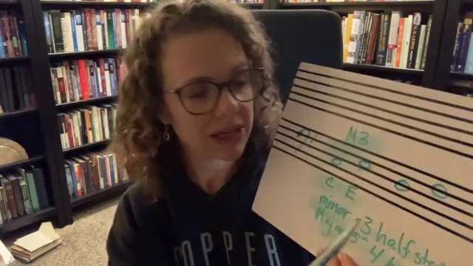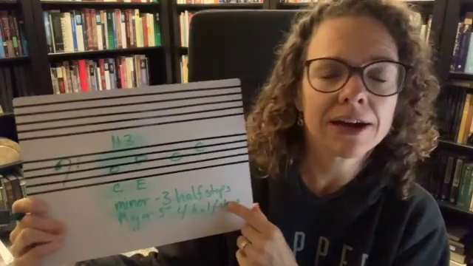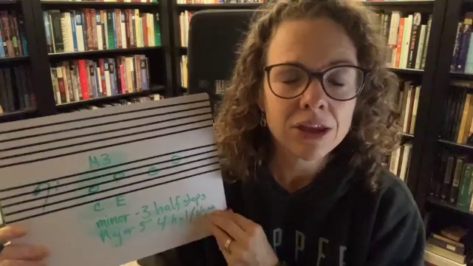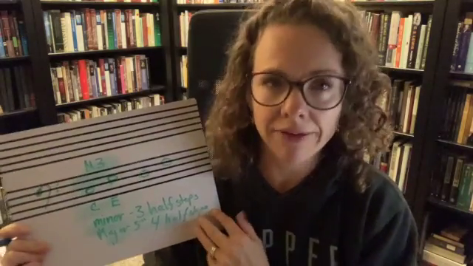So D to E flat, that's 1 half step. E flat to E, 2 half steps. E to F, 3 half steps. So D to F is a minor third because it's 3 half steps. Okay? So this is the very scientific, you can't go wrong counting half steps.